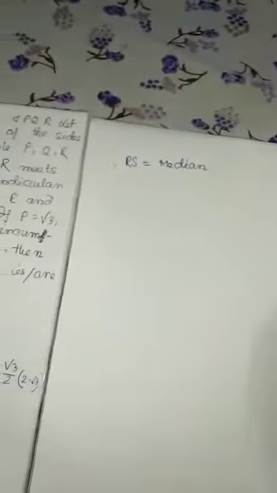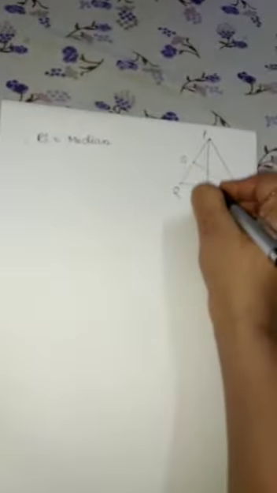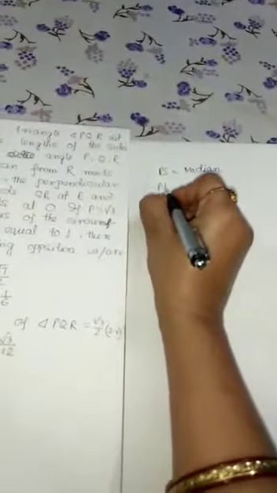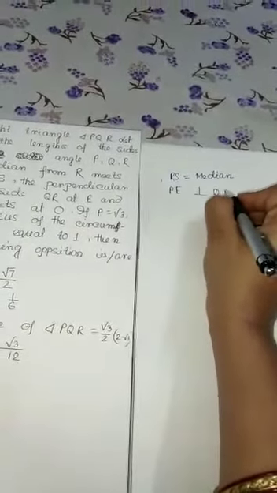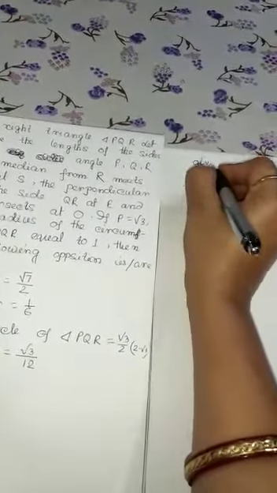Then PE is perpendicular to QR. These are the given items.